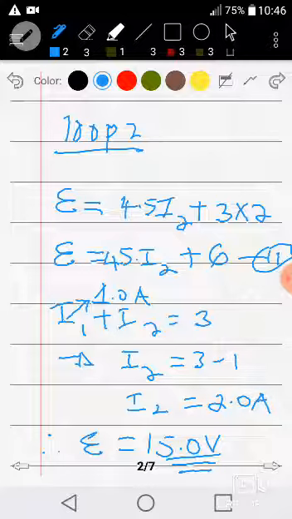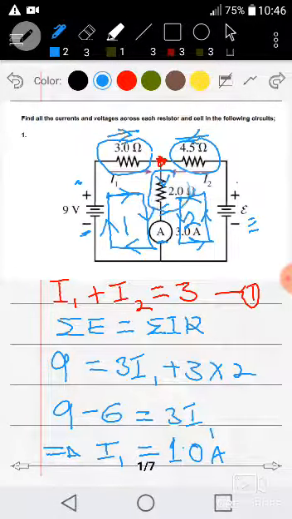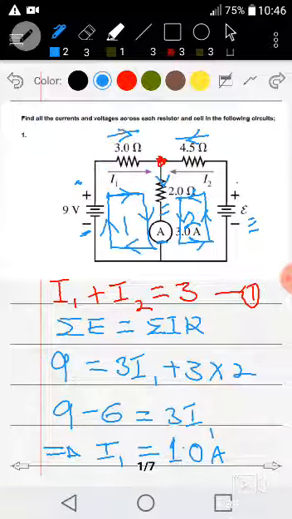Then what remains is for you to find the voltage across each resistor. For example, you should be able to find the voltage across the 3 ohm resistor, the voltage across the 4.5 ohm resistor, and the voltage across the 2 ohm resistor. But that is very simple. To get the voltage across each resistor, you use Ohm's law.